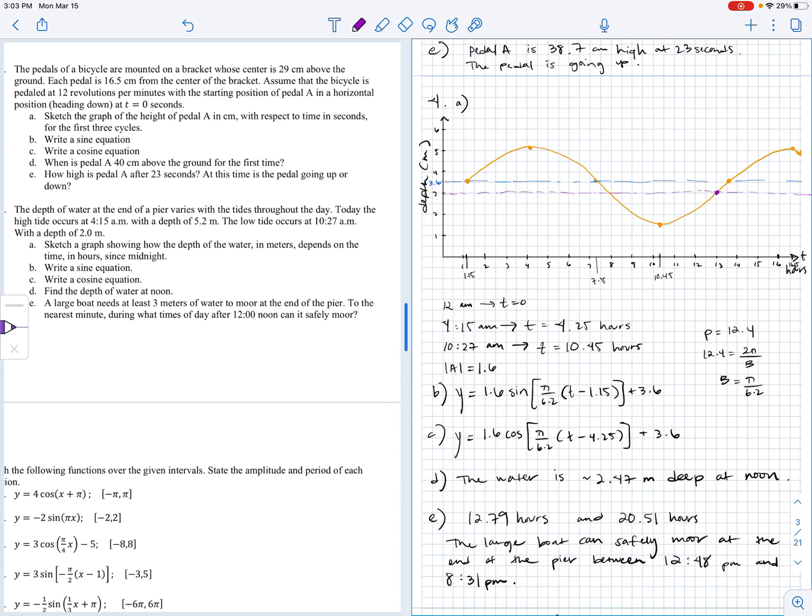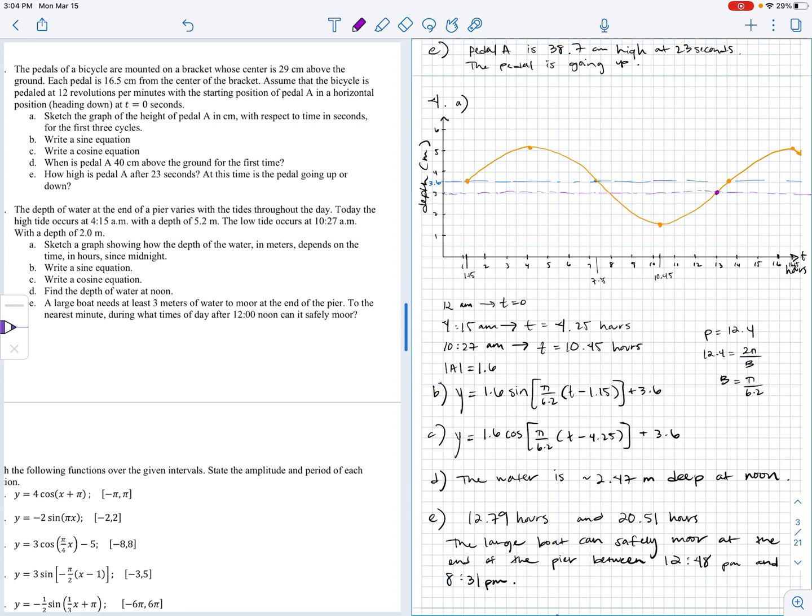And that's in hours. We want to determine what the actual time is. Between those 2 times is whenever the water will be at least 3 meters deep. So converting 12.79, that's still in the noon hour, and I want to figure out how many minutes into the noon hour. So I take that 0.79 and treat it like a percentage of an hour.